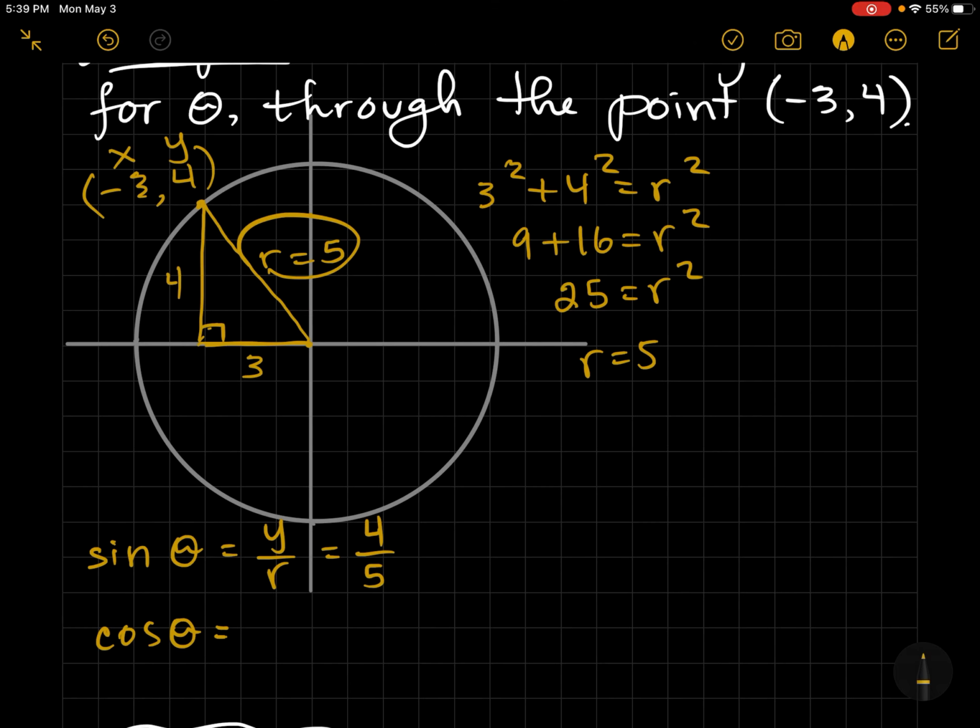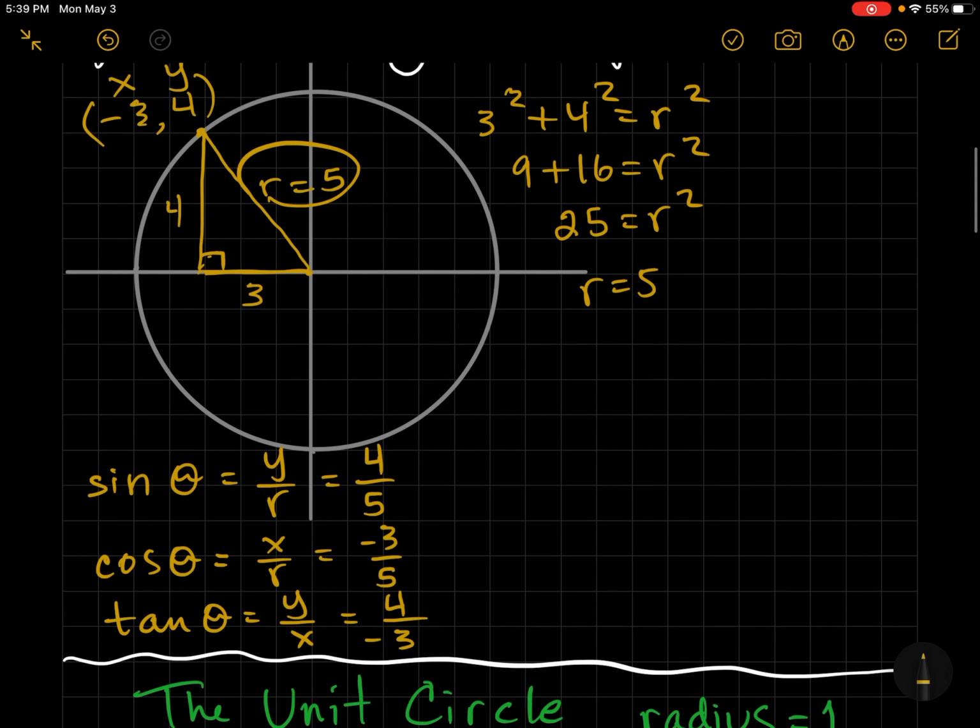For cosine, x over r, we have -3 as our x and r is 5. For tangent, y over x, we have 4 over -3, which is -3/4.